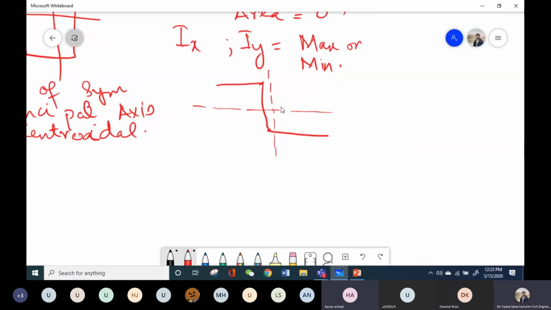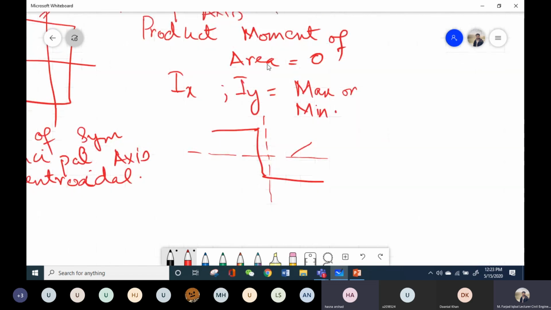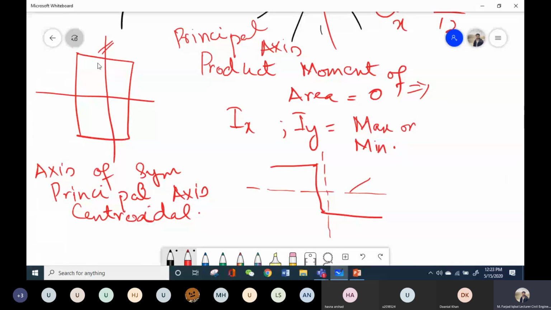Actually, let me tell you in simple words: if you have a symmetrical axis, then around this symmetrical axis the product moment of area will be 0, because the distribution of area around this axis is the same.